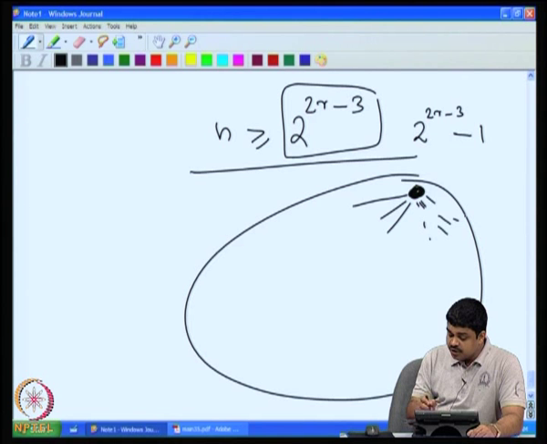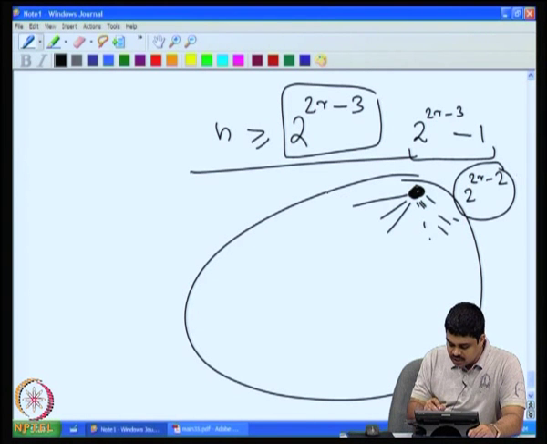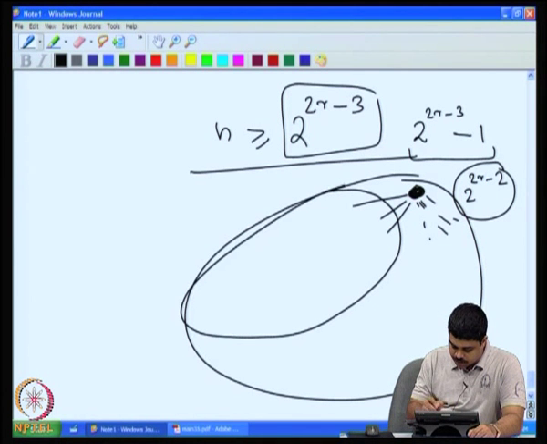It is clear that one of the groups should be at least half of this, that means 2 raised to 2r minus 4. Both of them cannot be 2 raised to 2r minus 4 minus 1, because then if you sum up, you will only get 2 raised to 2r minus 3 minus 1. So, at least one of the groups should be at least 2 raised to 2r minus 4. Let us say without loss of generality, this is the group.